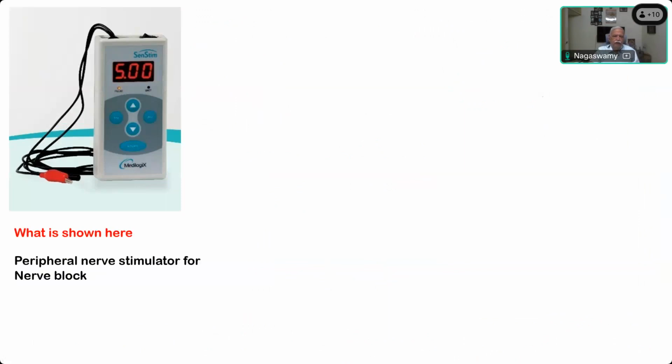Whereas the nerve stimulator that you use for your neuromuscular junction monitoring, what is the minimum current that is delivered? 10 milliamperes. It starts with 10 and goes up to 50 milliamperes, 80. Okay. So what is chronaxie and rheobase?